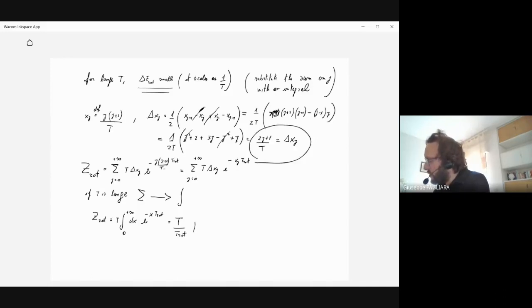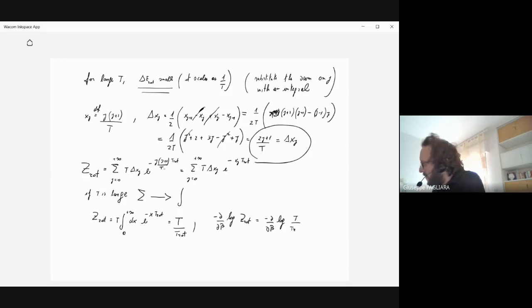Now, if I do the minus derivative with respect to beta of the logarithm of this partition function, I have the minus derivative with respect to beta of the logarithm of t divided by t rot.